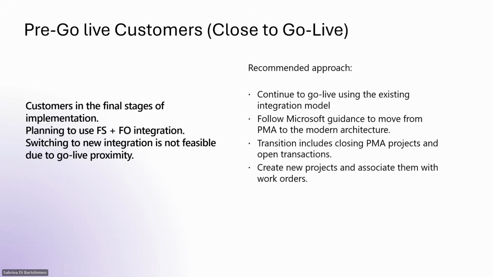Again, this involves closing the PMA-based projects, settling open transactions, and then creating new projects using the modern architecture. New projects can then be associated with field service work orders going forward. This allows customers to move to the new integration in a controlled, forward-looking way without disrupting their initial go-live. Also, again, please note the legacy integration to finance and operations will no longer be available after Feb 28, 2027 for these customers as well.